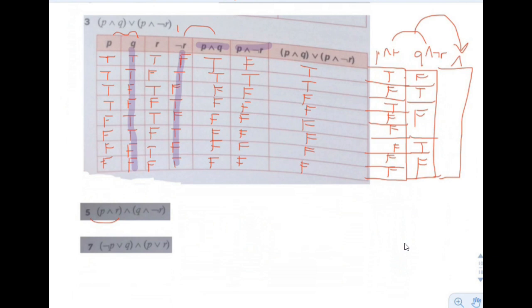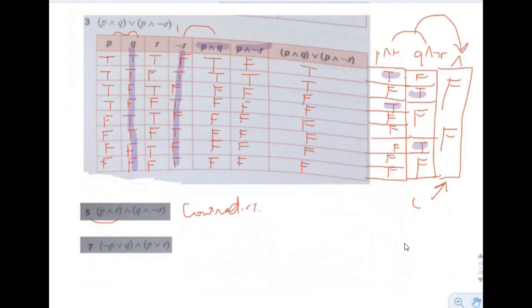We're looking for anything where the T's are in the same row, but they're not, so everything is false. That is a contradiction, right? So the answer for this one is a contradiction.